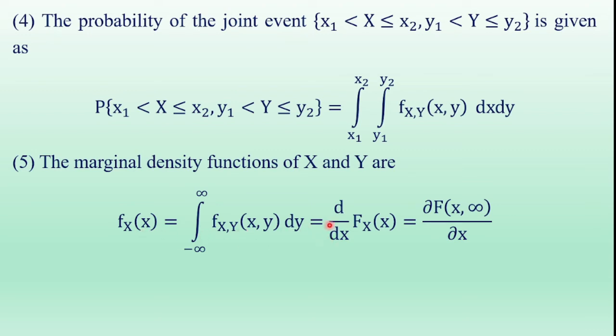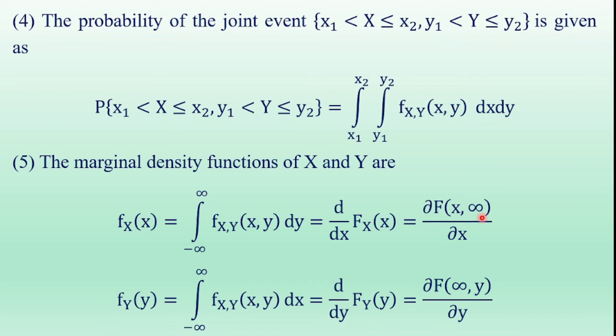The density function is equal to the derivative of the marginal distribution function of the random variable X. So the marginal distribution function of the random variable X is F(x, infinity). So d/dx F_X(x) is equal to ∂/∂x F(x, infinity). So this is the marginal density function of the random variable X.